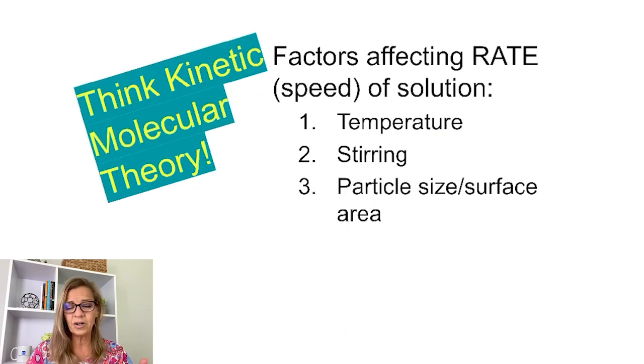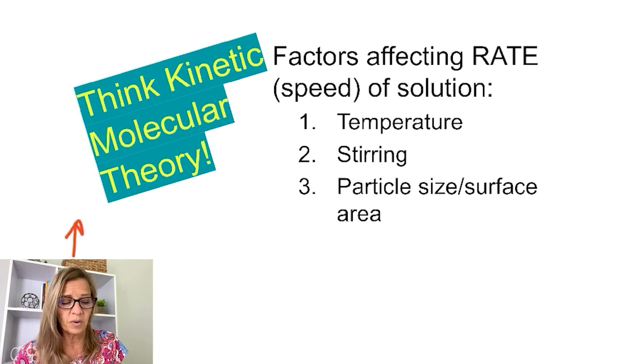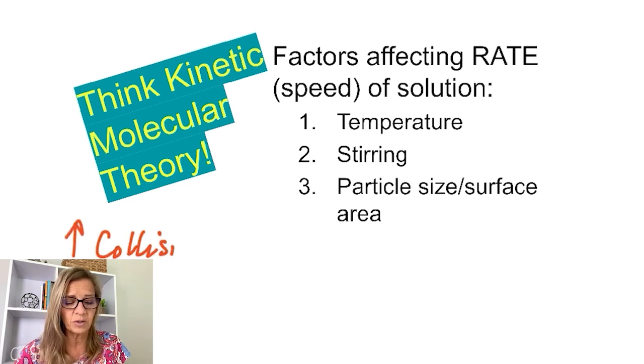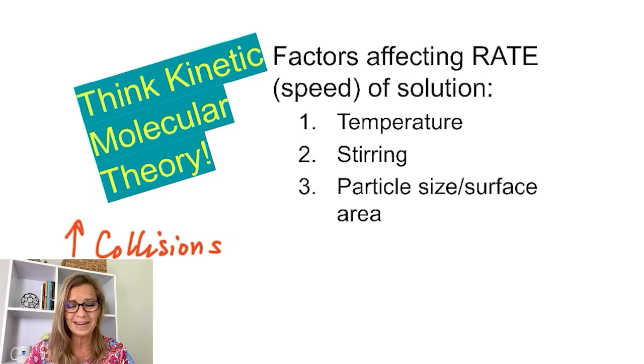Now, how do we increase the rate at which we dissolve something? These are common sense. You have to think, what increases the collisions? If we increase collisions, how do we do that? That's the old kinetic molecular theory. Remember that? Well, one, you can increase the temperature.